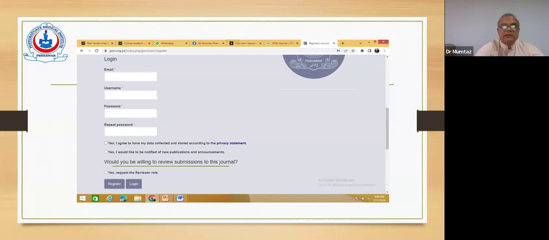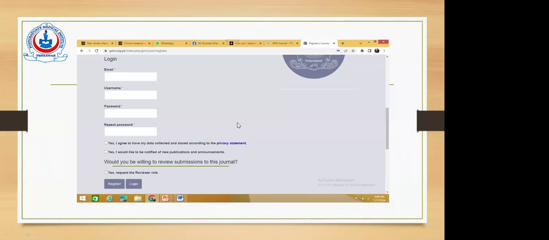If you can see on the screen, this login registration is for anyone, including authors. But there is a sentence: would you be willing to review submissions to this journal? You can check this box to become a peer reviewer.